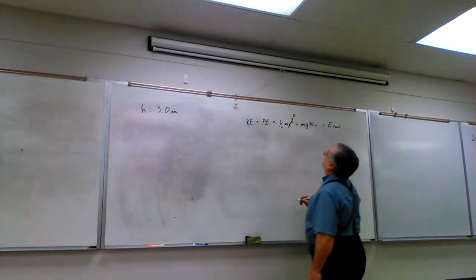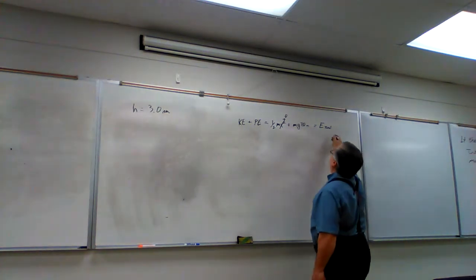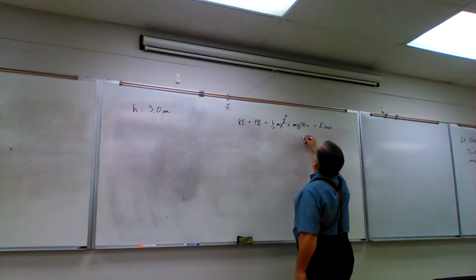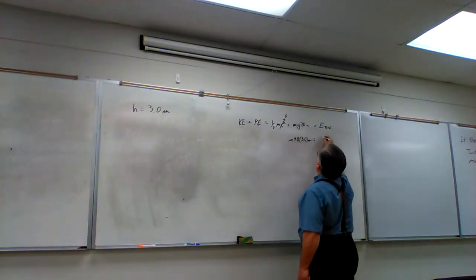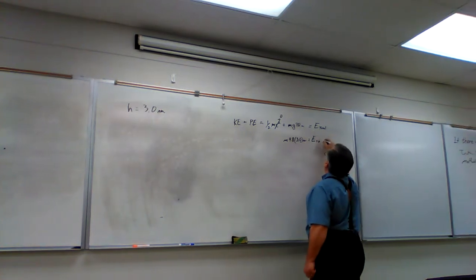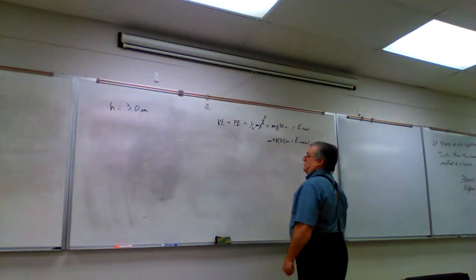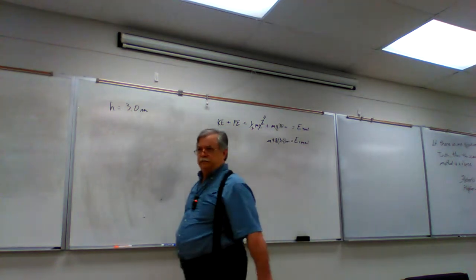So V1 is 0. That means its total energy is its mass times 9.8 times its height, 3.0 meters. That's the total energy it has.